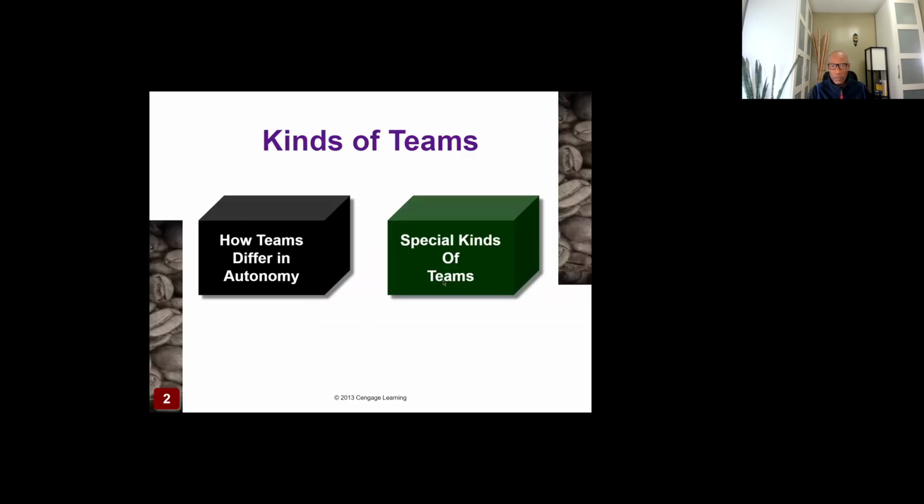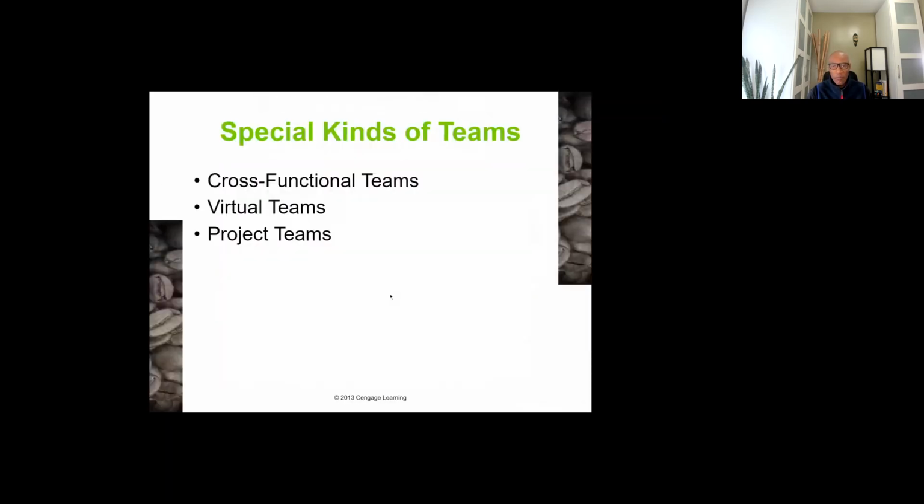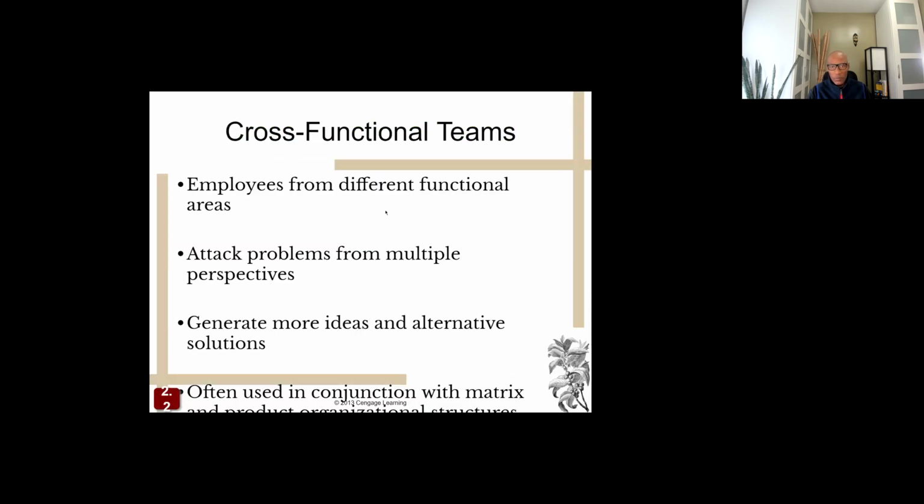Do's and don'ts. So there are kinds of teams, how teams differ in terms of autonomy, and special kinds of teams. We're looking at those things. Do you have full autonomy to work and do what you want? And then we might have special kinds of teams: cross-functional teams, virtual teams, project teams.